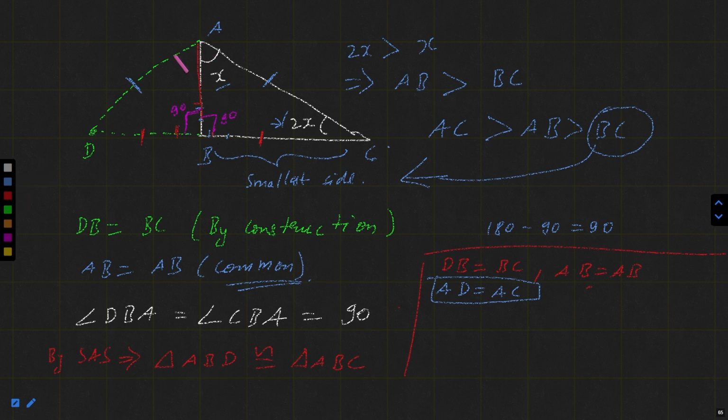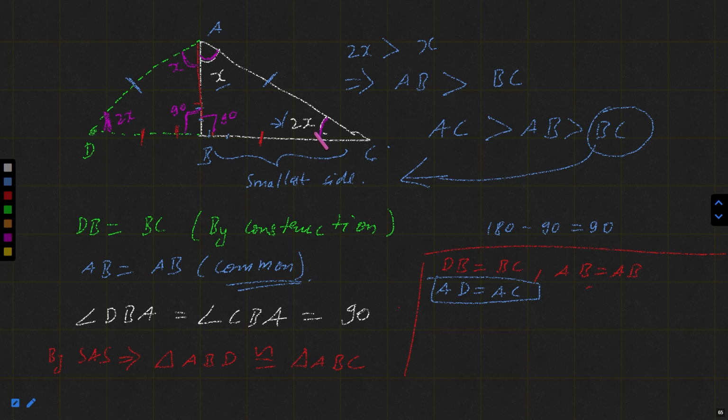This is x, then this is also x, and then the whole must be 2x. Now this angle is 2x. Yes, this angle is also 2x.